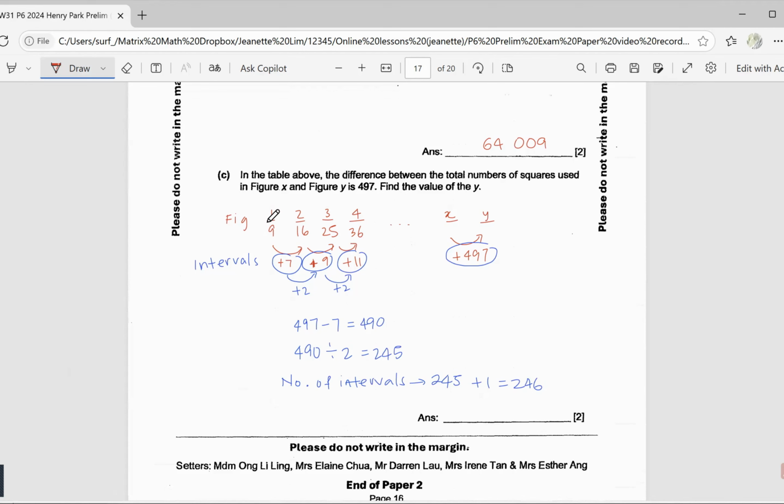Then you go back again, you want to get a figure number, right? From 2, 4, 6 intervals, to get a figure number, there's actually one more. So you need to add 1 more. 2, 4, 6 plus 1. It's kind of like layers of intervals. So that's how you get the figure number 247. This is the last figure number. If they want X, it is 246. But you want the last one, the value of Y.